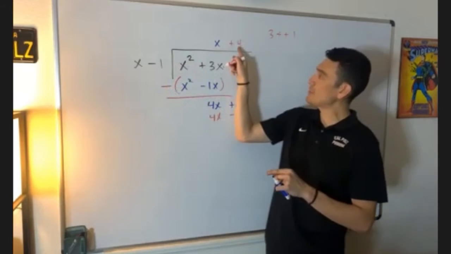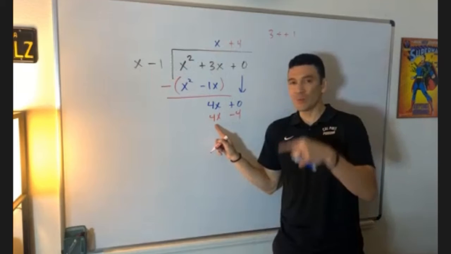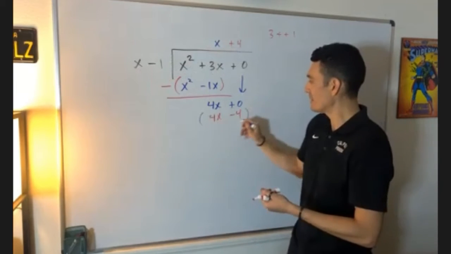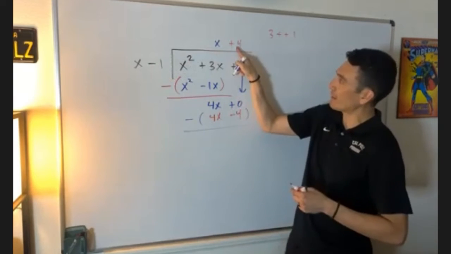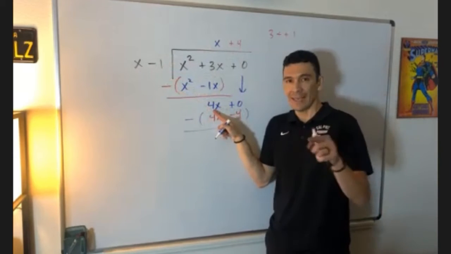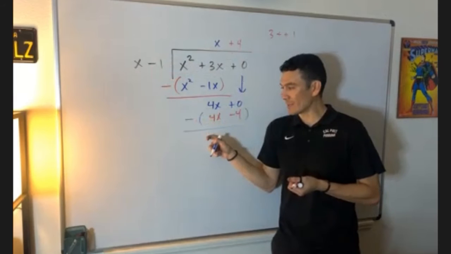The reason I choose the number that times this makes it exactly like that is because what happens next is a subtraction. So that's why you want to choose a number here that this times that is exactly this and not the opposite. Because 4 minus 4 creates a 0.